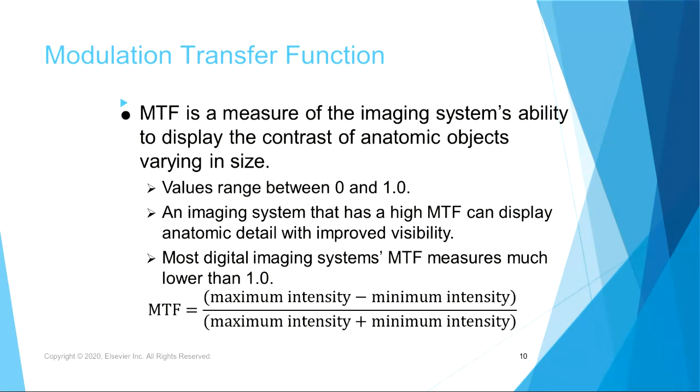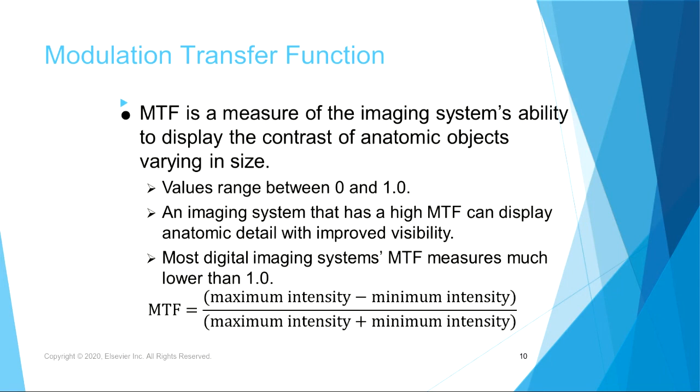So larger objects with lower spatial frequency are more easily visualized. But when the object size gets smaller, it gets higher spatial frequency and becomes more difficult to visualize in an image. So the modulation transfer function is a measure of the imaging system's ability to display the contrast of the anatomic object that differs in size. And the value is somewhere between 0, which means there's no brightness level difference, and 1.0, meaning it's the maximum difference in brightness levels.